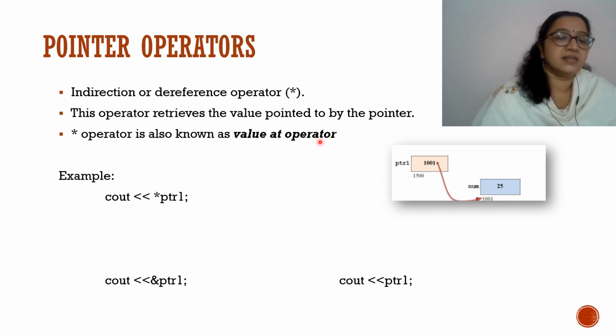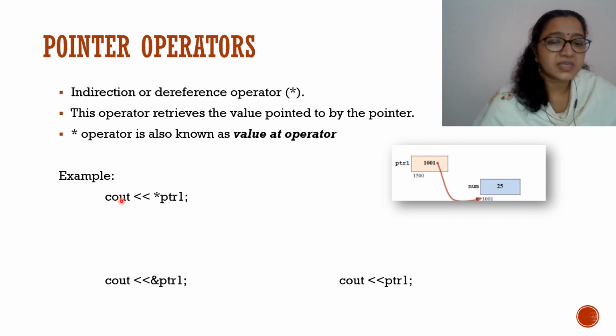Okay. See the example. cout star PTR1. What is the meaning? PTR1 is a pointer variable and we put star there. So what is the meaning and what output will we get through this? Just see this sentence. This operator retrieves, which operator?